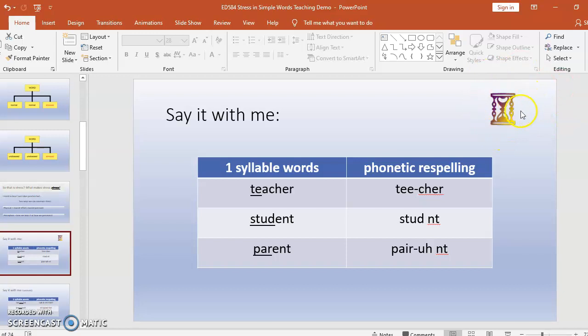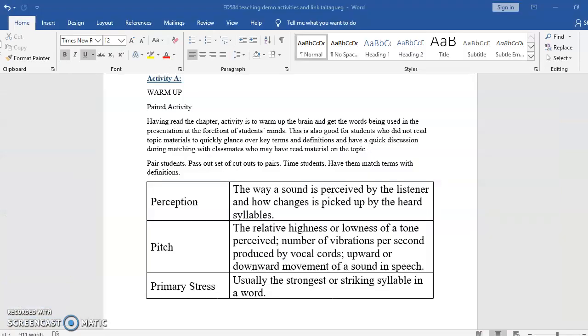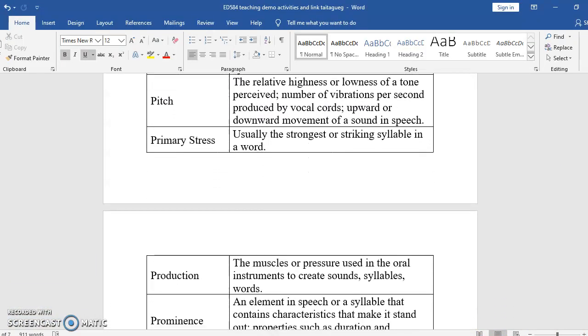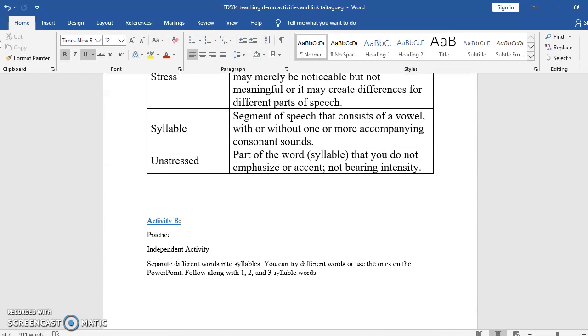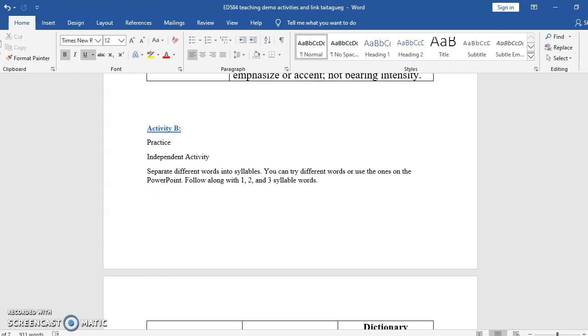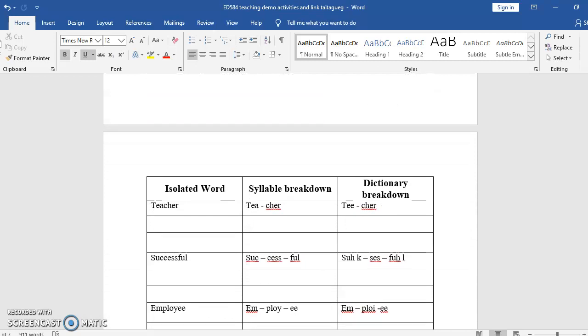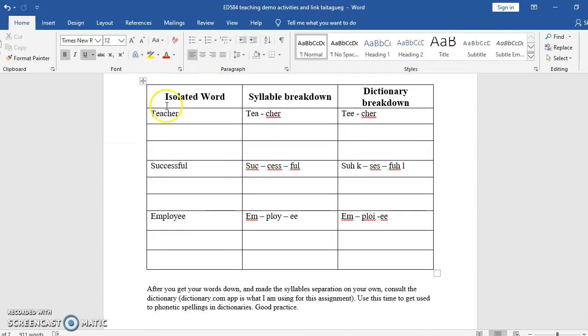What we're going to do is go to the Word document here, and then bring up activity B. That's going to be independent practice. You could follow along with the PowerPoint presentation, or if you don't want to follow along, you could write your own words here.